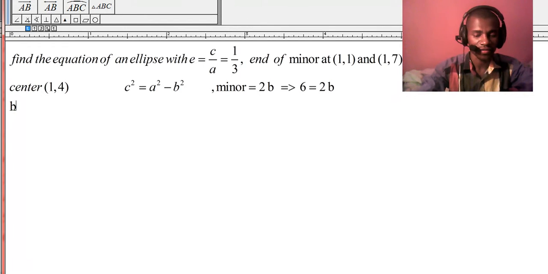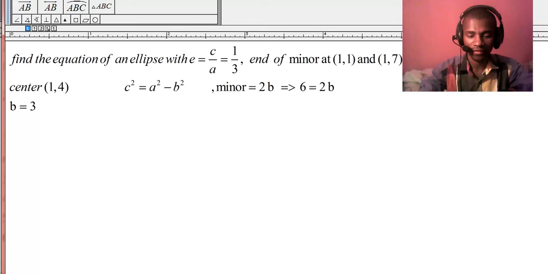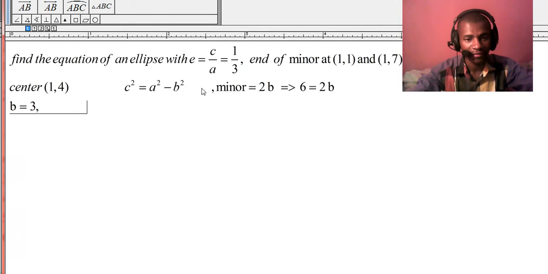So b is equal to 3. Cool. So let's go ahead and use some other formulas, just trying to look at some loopholes so you can play around with everything, until we get the equation.